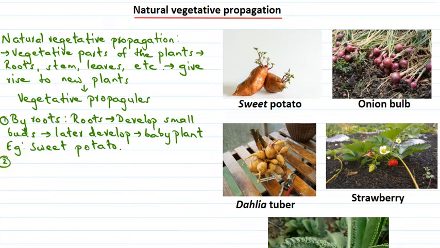Next we will see the vegetative propagation that takes place by stem. In case of stem there are several examples of vegetative propagation. First let's look at bulb.